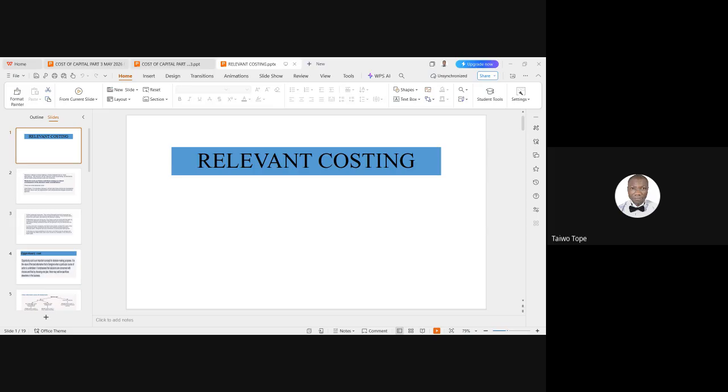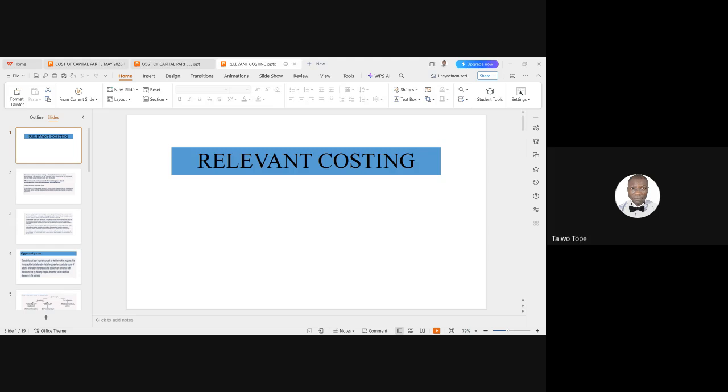When we are served with a question on relevant cost, there are three things you must always look out for. One is the future cost. Two is the incremental cost or extra cost. And three is the opportunity cost. If I have two options, which of these options will be best?